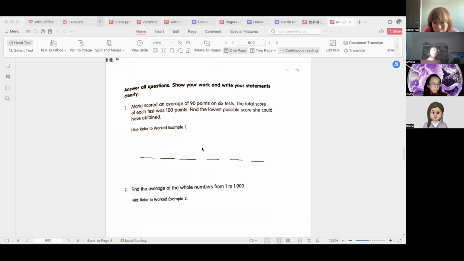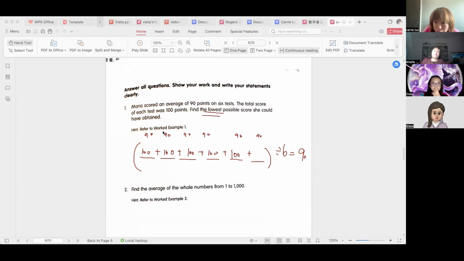So 6 of them, and I want to add them all together and divide by 6 equals 90. We can have each of them equal 90, or I can have all of them equal 100, but have the last one as low as possible. Correct? So for each one of them, I need to minus 10, minus 10, minus 10, minus 10, minus 10.